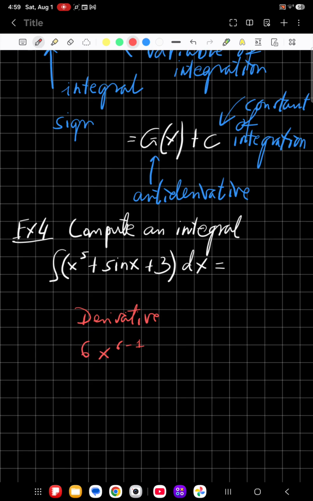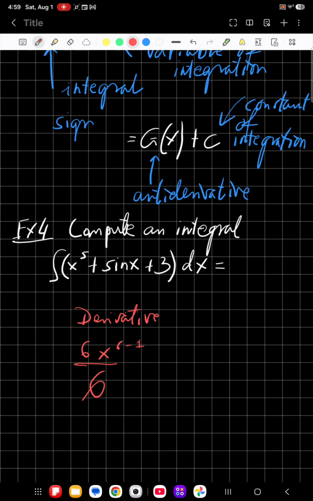In my integral, I don't have that 6 in the front, so I need to somehow accommodate for that. To do that, I'm going to erase this, by the way, so I'll have that 6 down here.